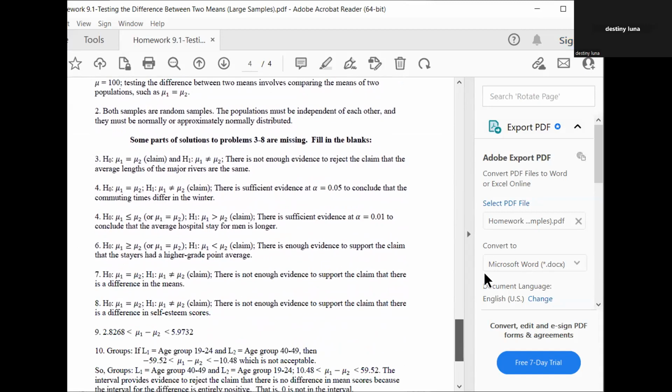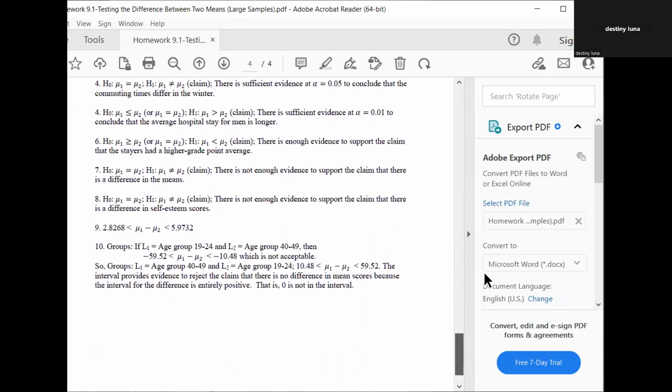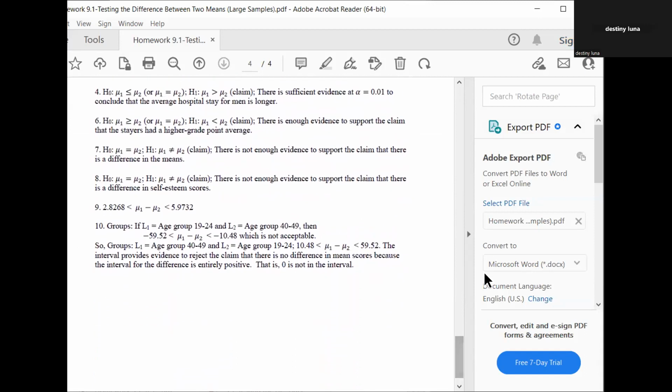So we say that the interval provides evidence to reject the claim that there is no difference because 0 is not in it. So we would reject the claim that there is no difference. Okay.